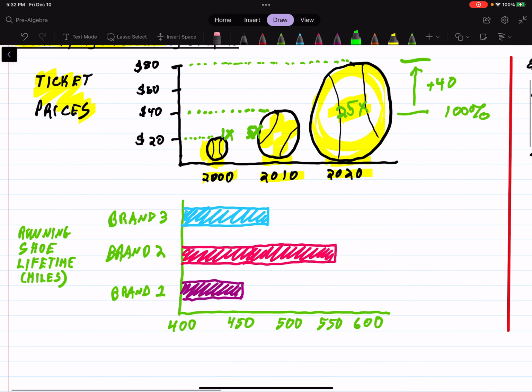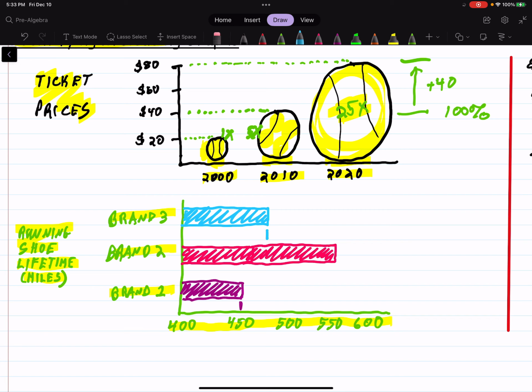The second example is, let's talk about the lifetime of a running shoe. The lifetime of the running shoe in miles. We've got brand 1, 2, and 3, and the number of miles at the bottom. We can see that brand 1 looks like it made it about 450.